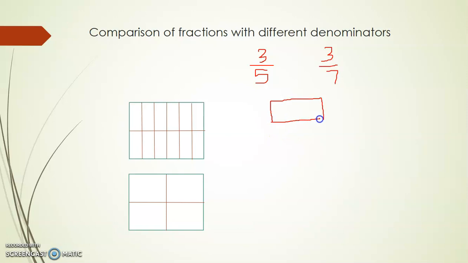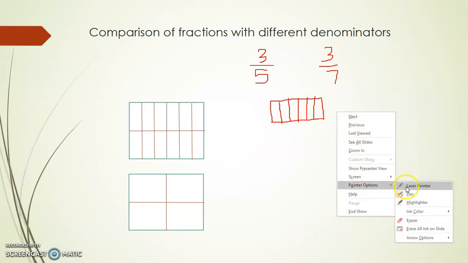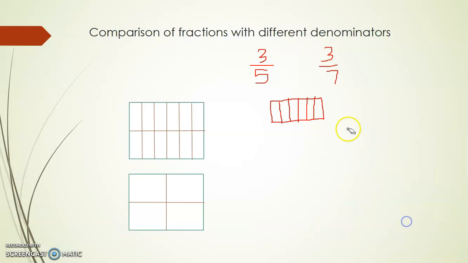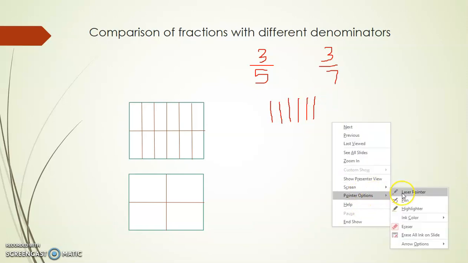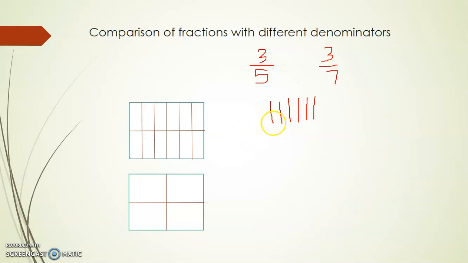let us look at this rectangle. Let us divide this into 5 equal parts. This is divided into 5 equal parts.